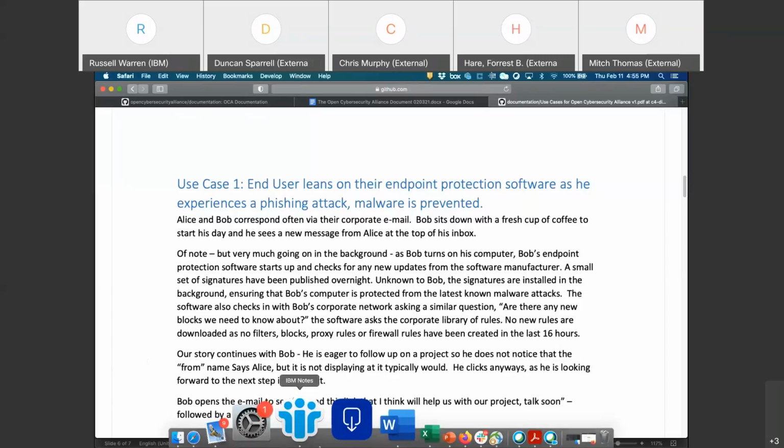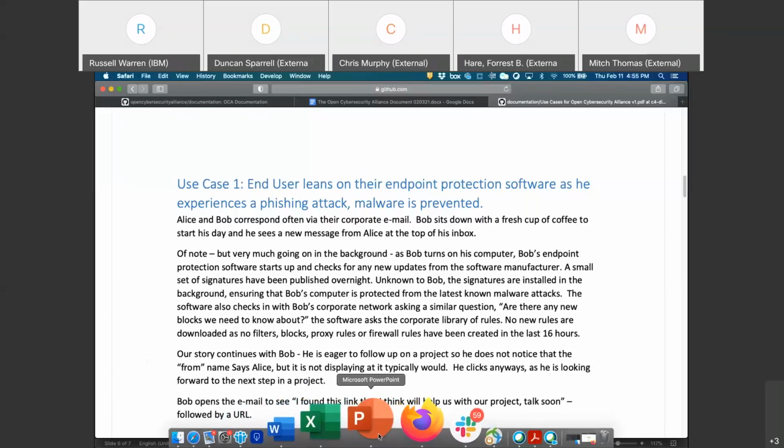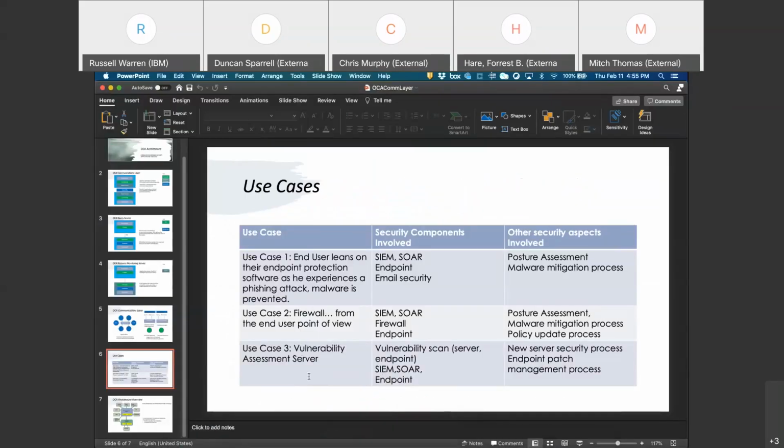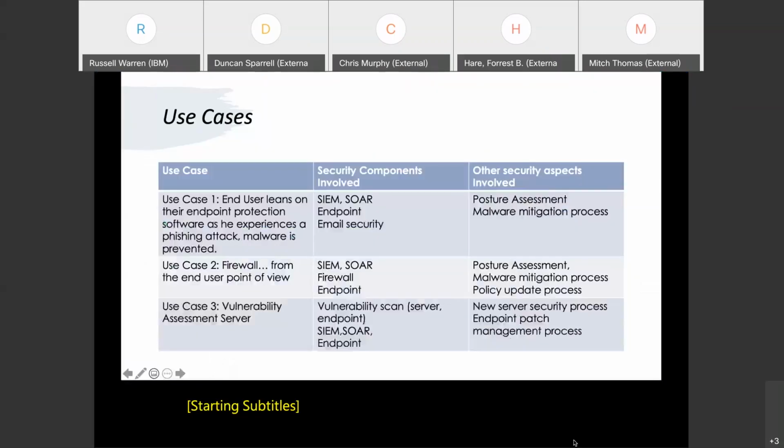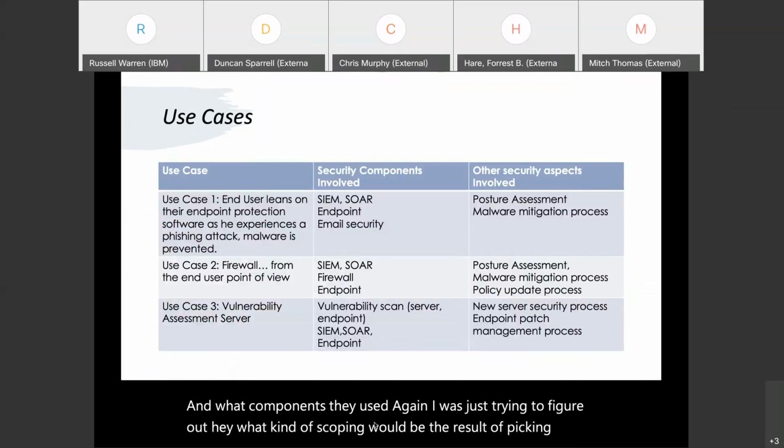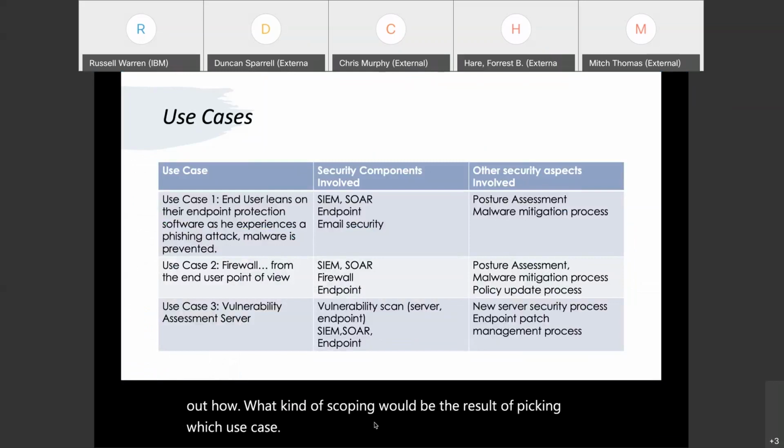Okay, so where I was going with this discussion was to pick one of these use cases. I don't know if you guys have read through them, but I looked through them and tried to summarize the scope of each use case and what components they used. Again, I was just trying to figure out what kind of scoping would result from picking which use case, and I kind of laid it out here.